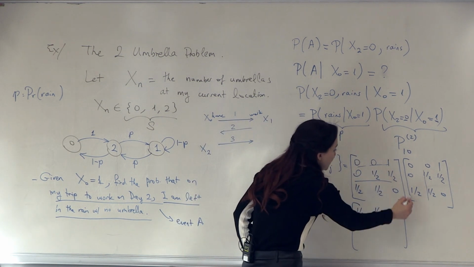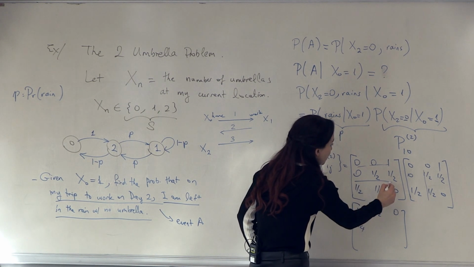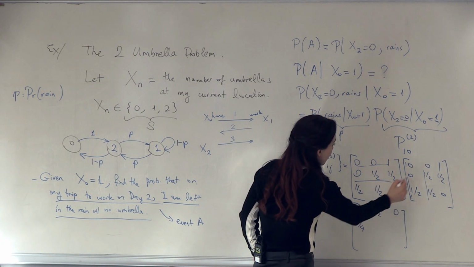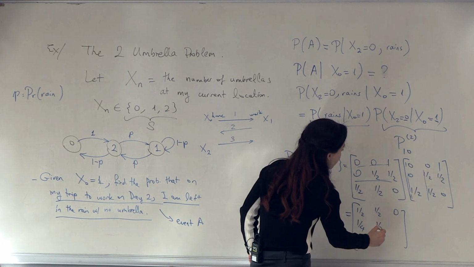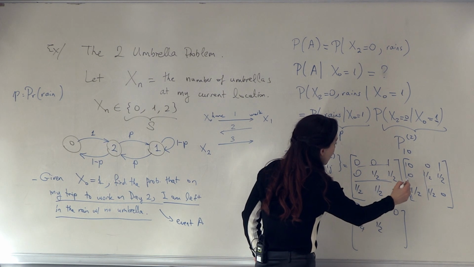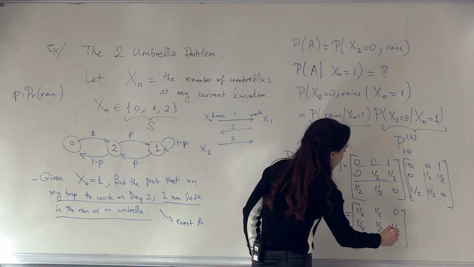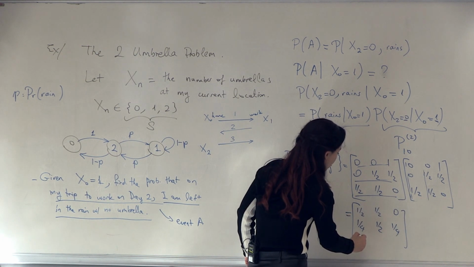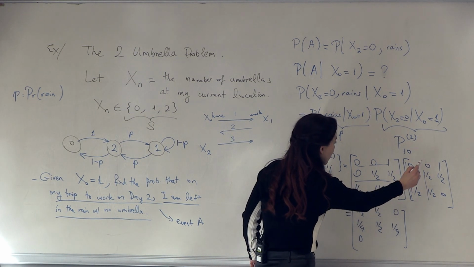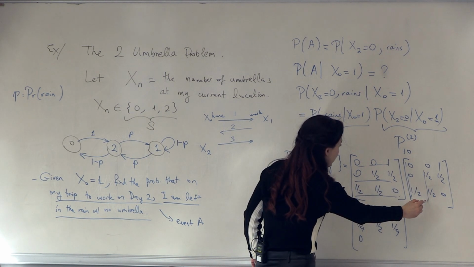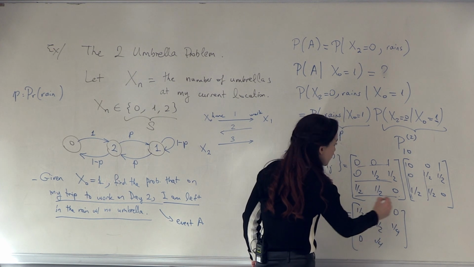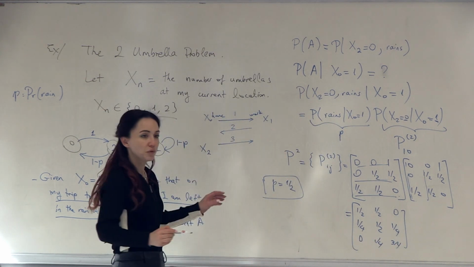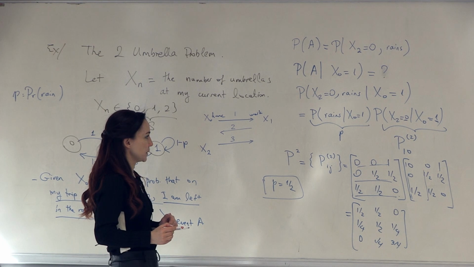This row and this column, 1/4. This row and this column, 1/4. This row and this column is 1/2. This row and this column is 1/4. This row and this column, 0. This row and this column gives me 1/4. And this row and this column gives me 3/4. Okay, so these are the 2-step transition probabilities.